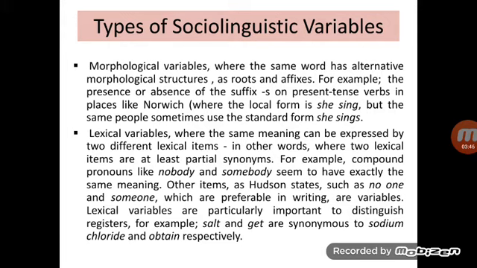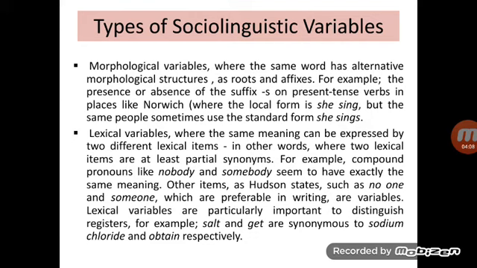Fourth, lexical variables, where the same meaning can be expressed by two different lexical items, or in other words, where the two lexical items are at least partial synonyms. For example, compound pronouns like nobody and somebody seem to have exactly the same meaning.